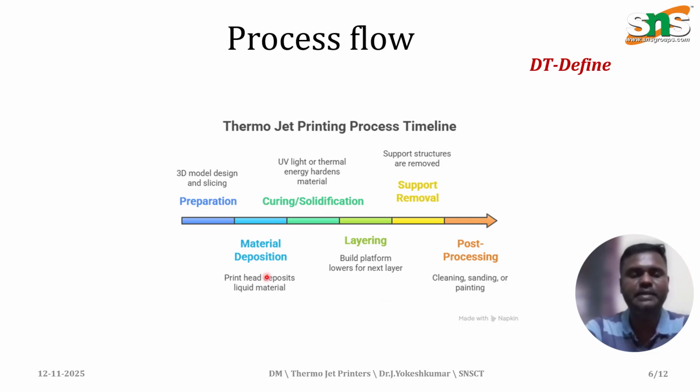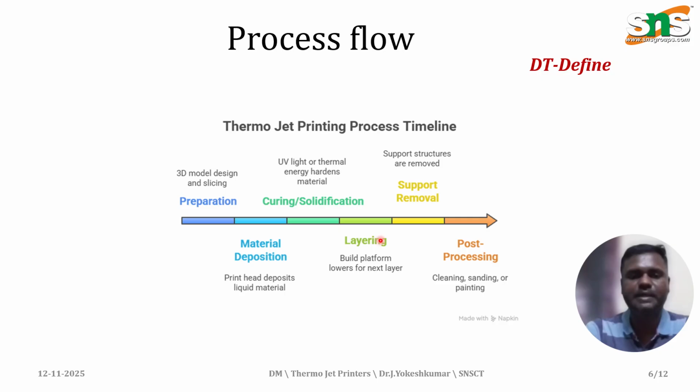Once the material is deposited, the next stage is the curing or solidification process. This can be done by passing ultraviolet light or thermal energy, which hardens the material from liquid to solid.